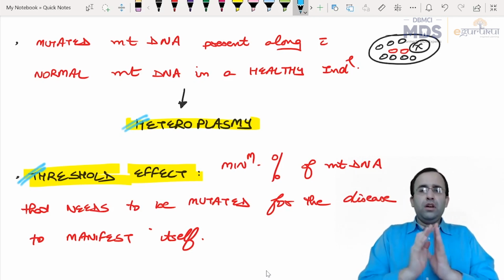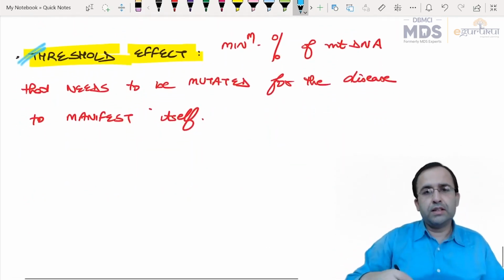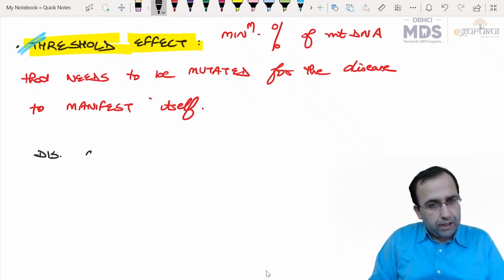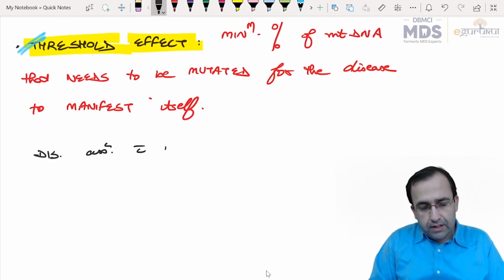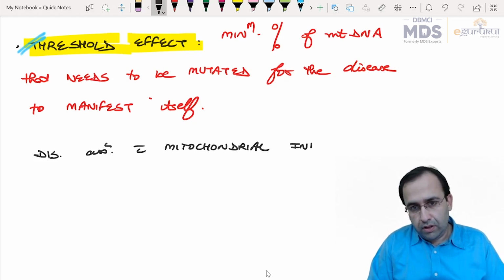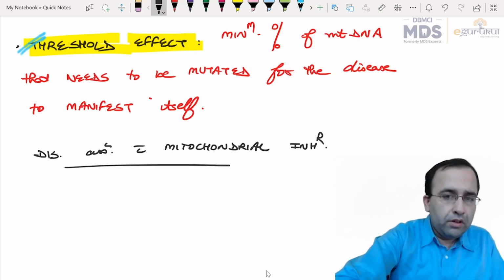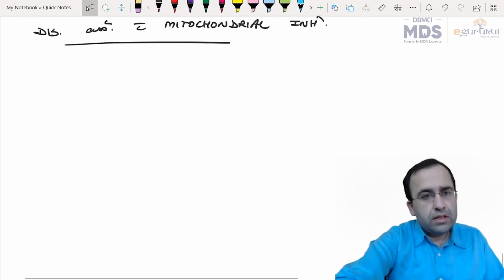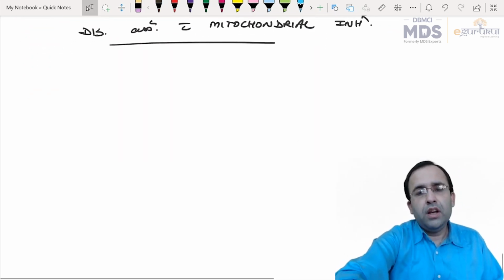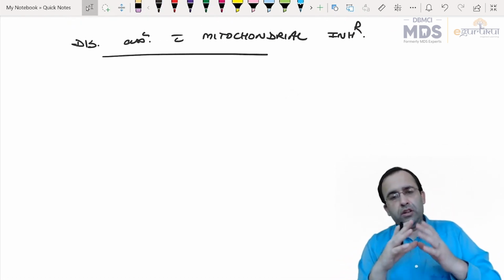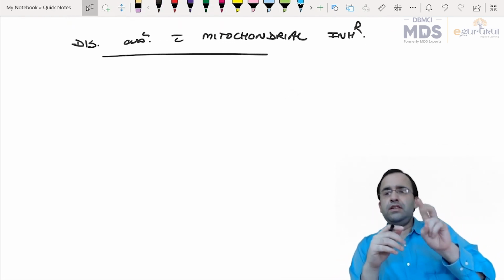Next point. This gets us to the diseases associated with mitochondrial inheritance. I know this list will be totally new for you, and the details are not asked from this, but you need to know the diseases and the full forms.